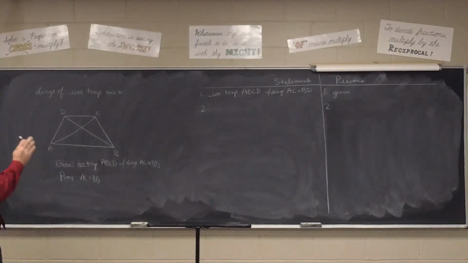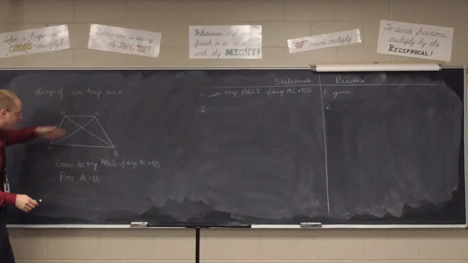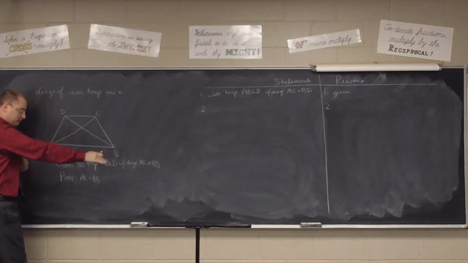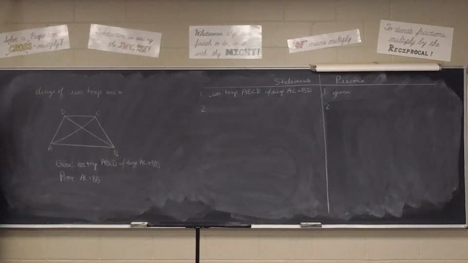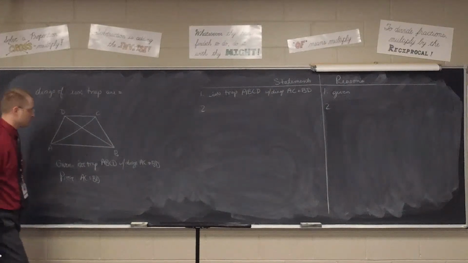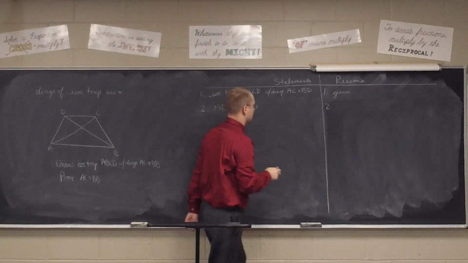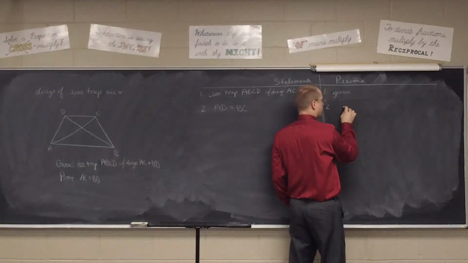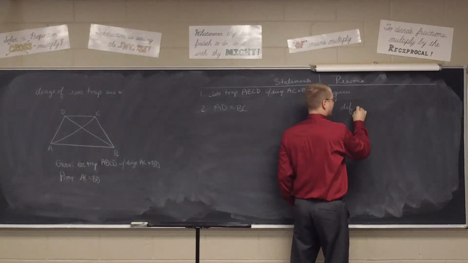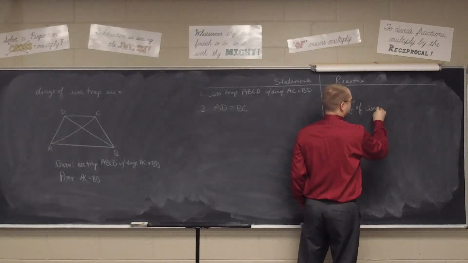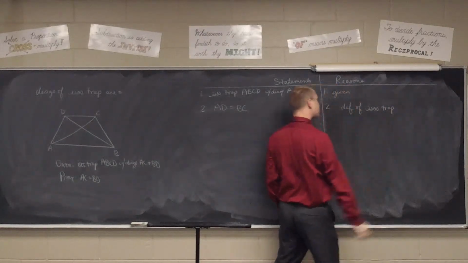All right, so we've got our first statement, first reason. I'm trying to prove this line equals that line. Well, let's start with clang. That's a good place to start. Jamie, clang? That's the definition of isosceles trapezoid: a trapezoid with two equal legs.